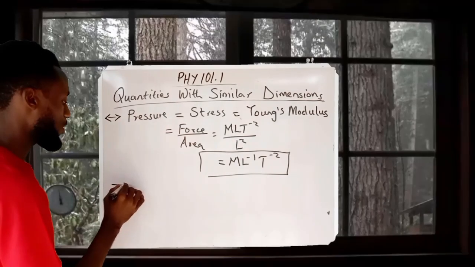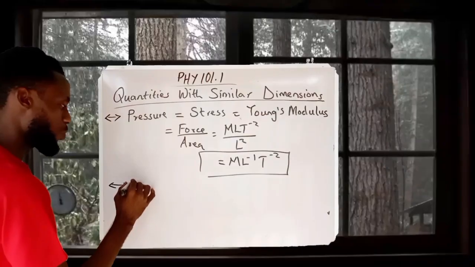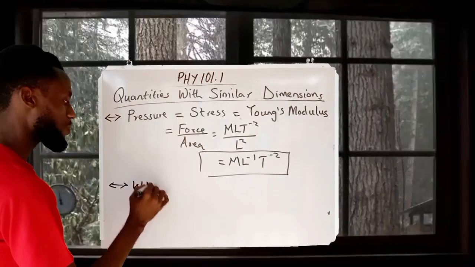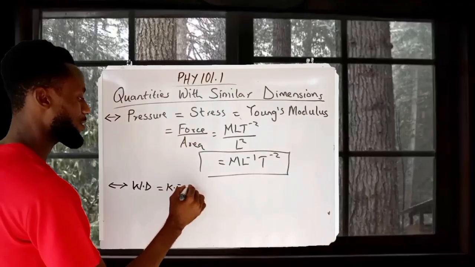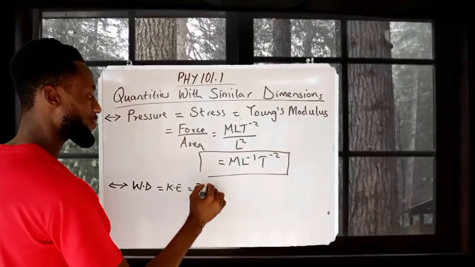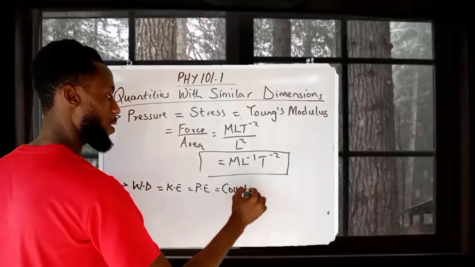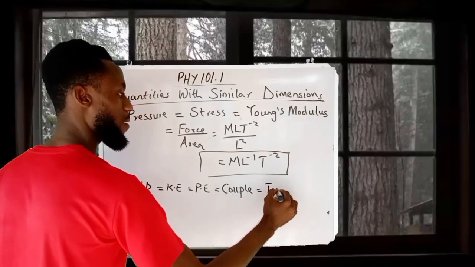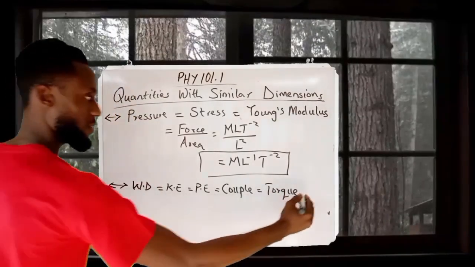Another group of quantities that have similar dimensions are work done, kinetic energy, anything energy, potential energy, couple, torque, and what else? Moment.